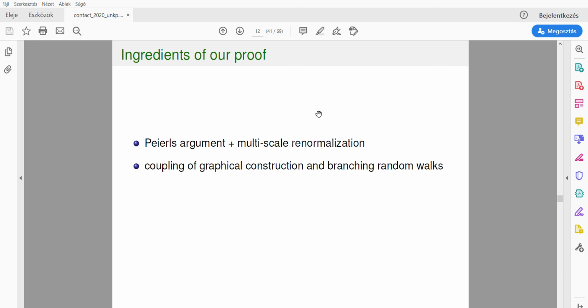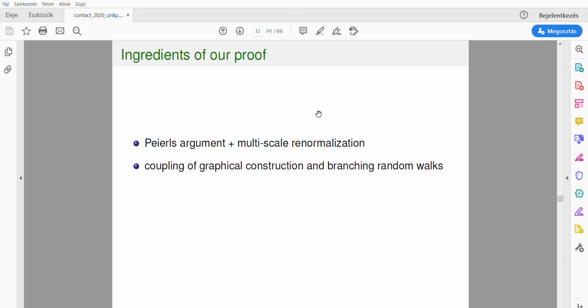Another ingredient that I will talk about a little bit in this lecture is that in order to compare the upper invariant measure to a Bernoulli configuration, we are going to use a very nice coupling of the graphical construction of the contact process with independent branching random walks.